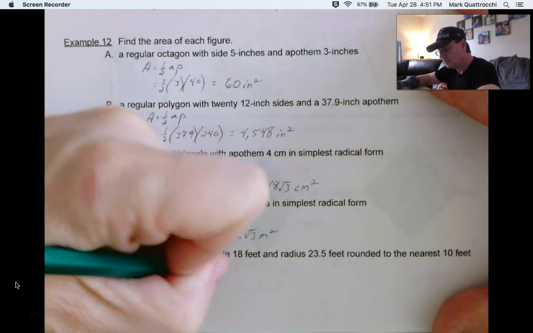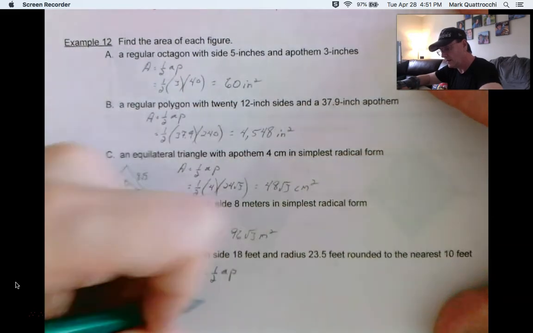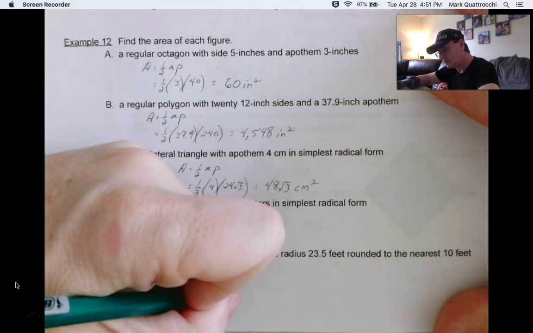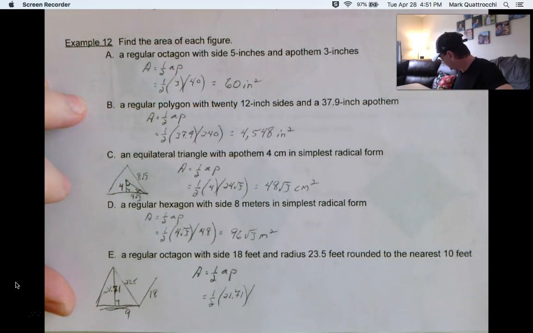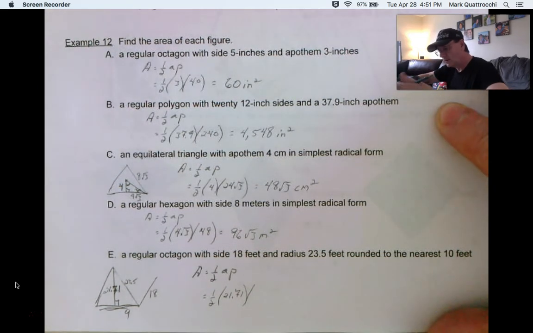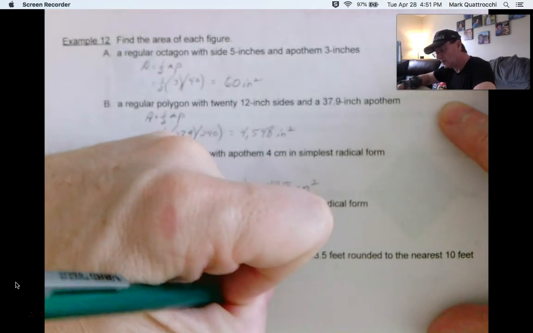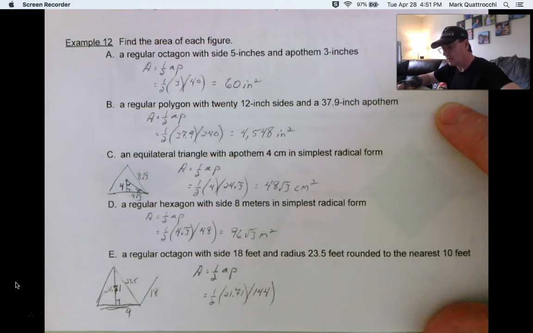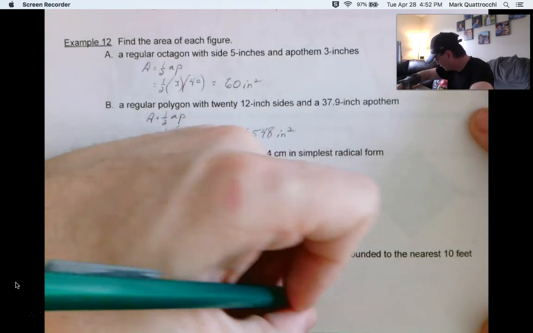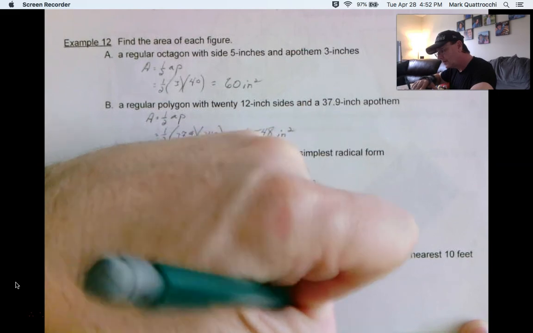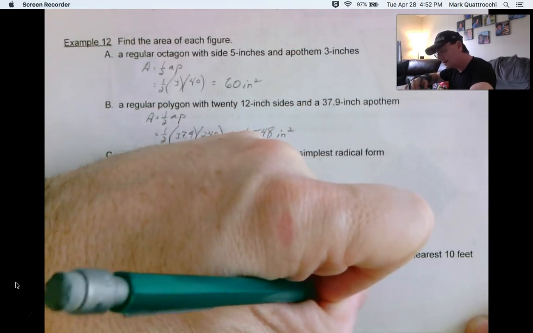So area equals 1/2 AP. 1/2, 21.71. Perimeter 18 times 8 is 144. 144 times 21.71 divided by 2 is approximately equal to 1,562.997.